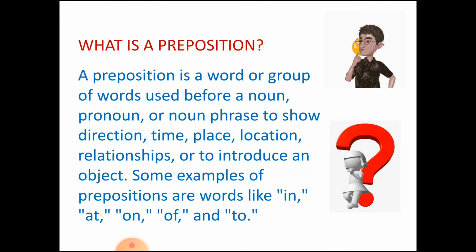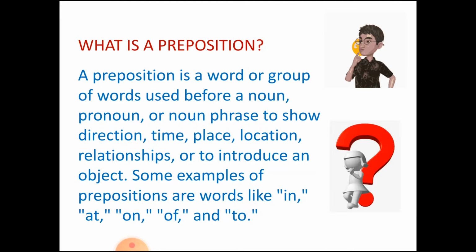Let us define what a preposition is. A preposition is a word or group of words used before a noun. What are nouns? Nouns are names of people, animals, places and things.